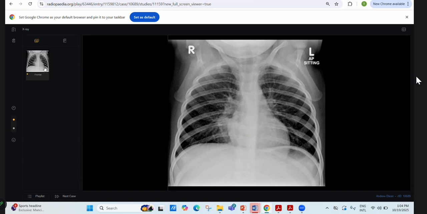There is mild prominence of the right hilum, and the cardiac contour appears to be normal. I would like to know the history and the age of this patient. Keeping in view the diffusely increased bone density, this could be a case of osteopetrosis, pycnodysostosis, or any underlying renal osteodystrophy, if this patient has any history of renal failure.